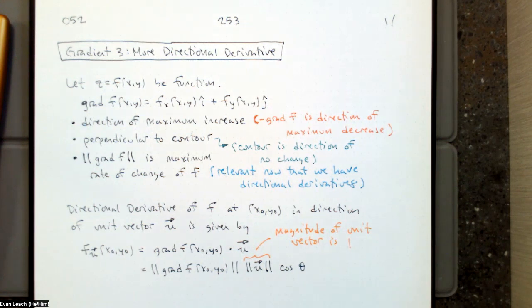And so now we can more clearly see what we're trying to calculate. We're just thinking about what fraction of our maximum rate of change we are getting in this direction. That's what we're going for with this directional derivative.